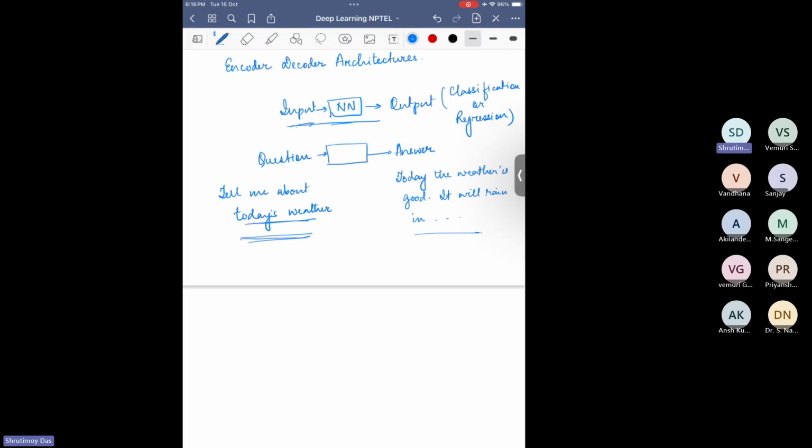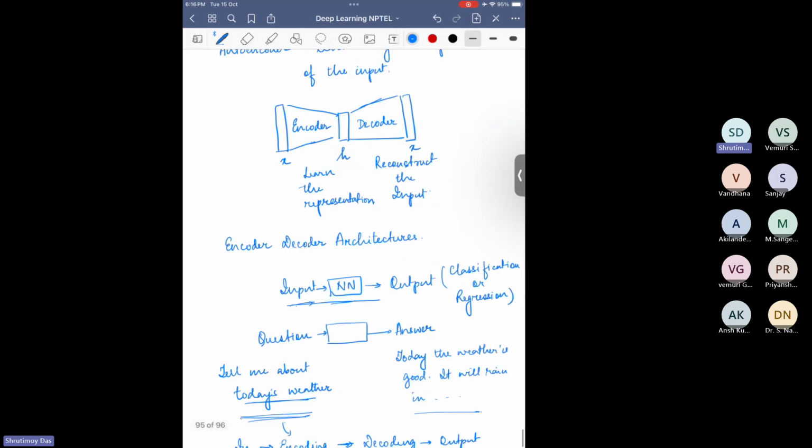It will learn some encoding of the input, and then using this encoding, it will try to generate some text. That is the decoding part. So you learn some encoding of the input, and whatever encoding you learn, you decode it and generate some output.